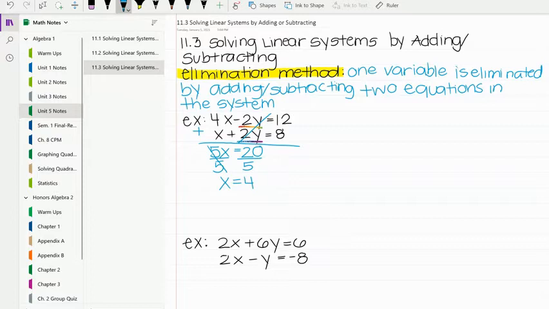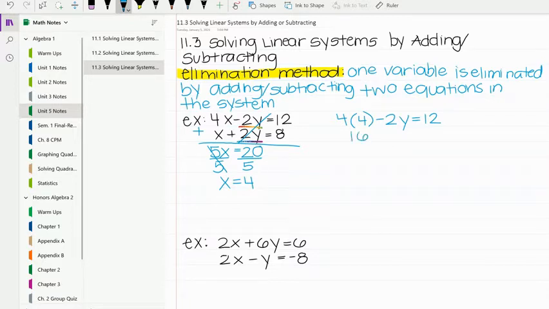Just as a reminder, when we are solving a system of equations, we're trying to figure out the point where they intersect. So far we've only found the x value, so we still have to find the y value. So what I want to do is plug that 4 into either equation for x and then solve for y. If I plug it into the first one, it would be 4 times x, but our x is 4, minus 2y equals 12. It actually probably would have been a little bit simpler to plug it into the second one, but it doesn't matter.